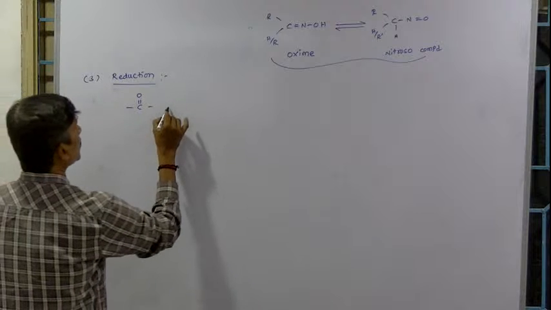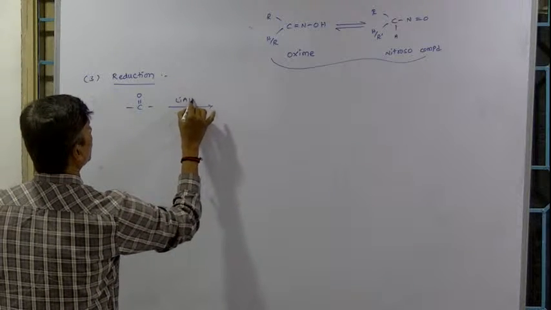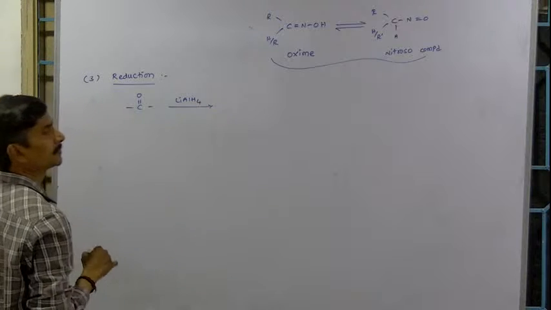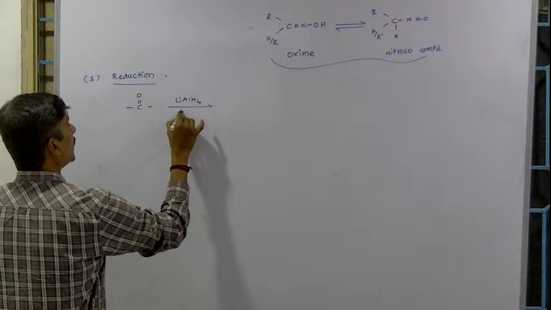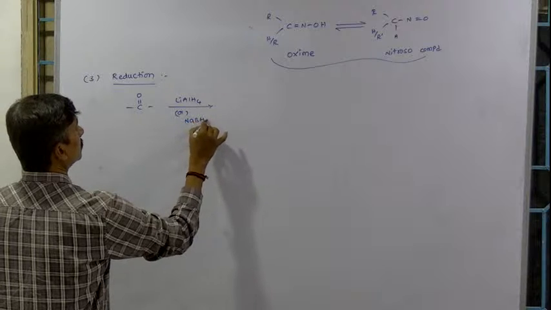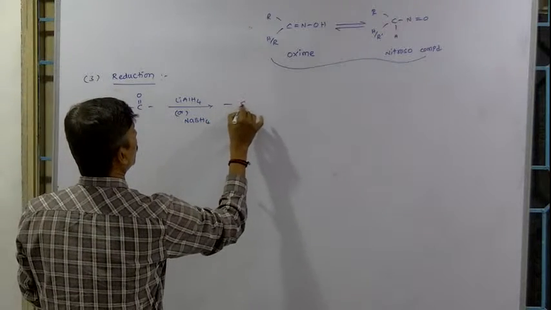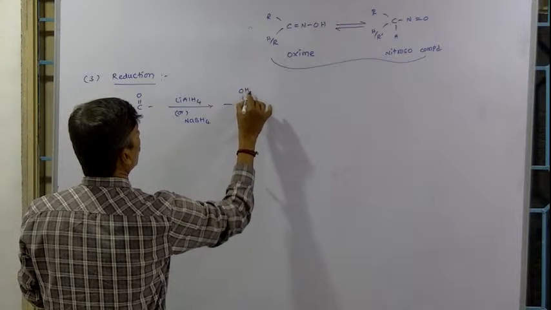If I use a strong reducing agent like lithium aluminium hydride or NaBH4, both can reduce the carbonyl compound into alcohol.